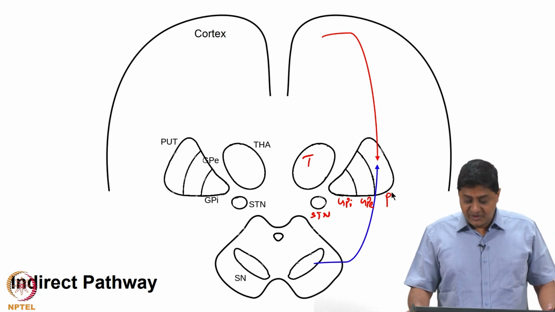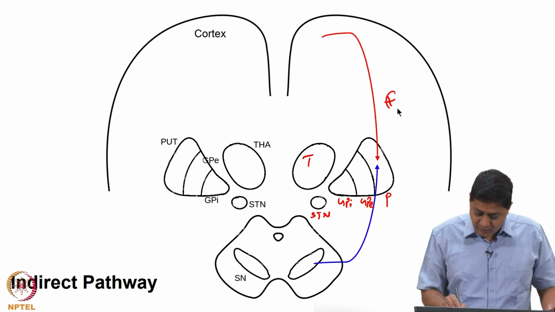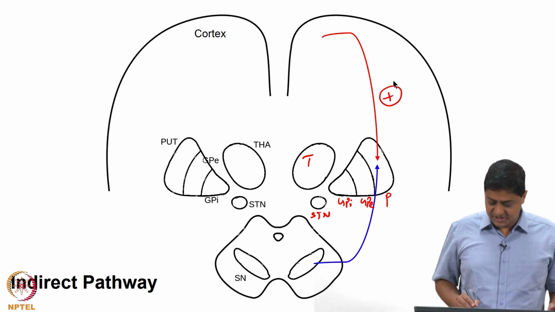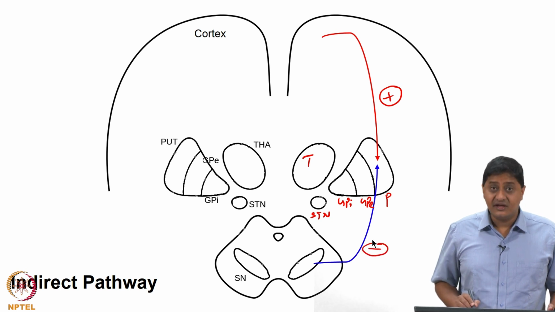the input coming from the corticostriatal neurons continues to be excitatory. However, note the color of the arrow coming in from the substantia nigra pars compacta, that is actually blue, that means it is inhibitory.